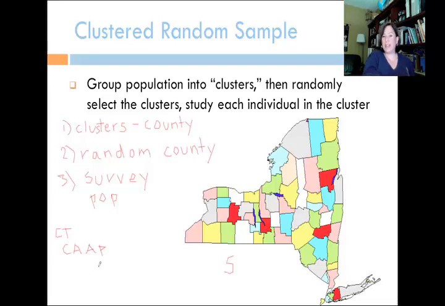I want students to take the test, but I'm going to randomly select the courses where I know they teach critical thinking. So the cluster is the course. I randomly select the course. Then I go in and administer the test to all the students that are taking that course. So that's another example of a basic level clustered random sampling.